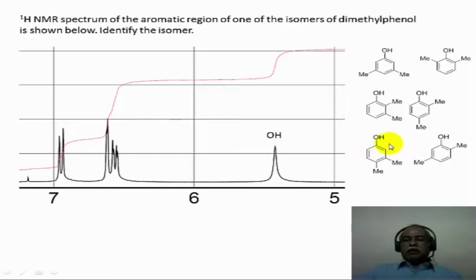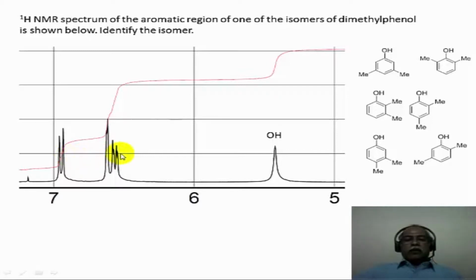In other words, electrophilic substitution will occur only at these positions. That is an indication that they are electron rich in nature. As a result of the higher electron density in the ortho position, the hydrogens are going to be highly shielded. So they come much lower in value compared to the one that is in the meta position or in the para position.